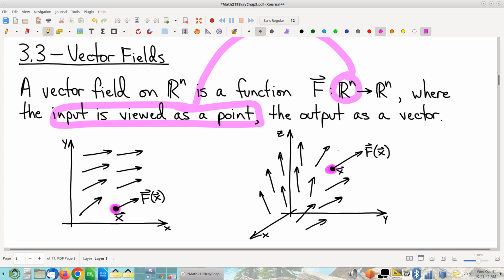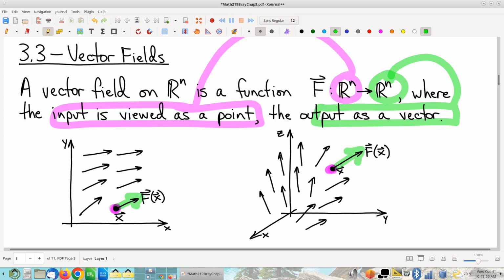The input's going to be viewed as a point, and the output is going to be viewed as a vector. So, such as represented by that arrow in the 2-dimensional picture, or maybe this arrow in this 3-dimensional example.